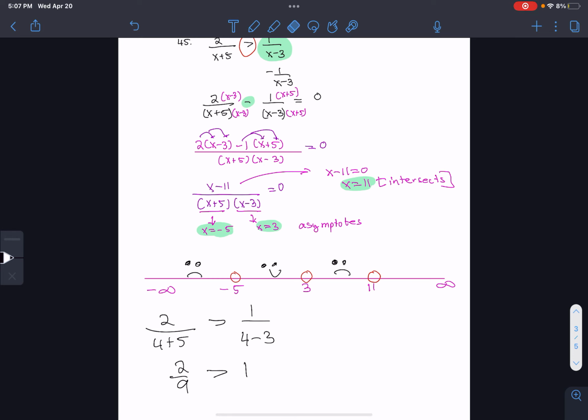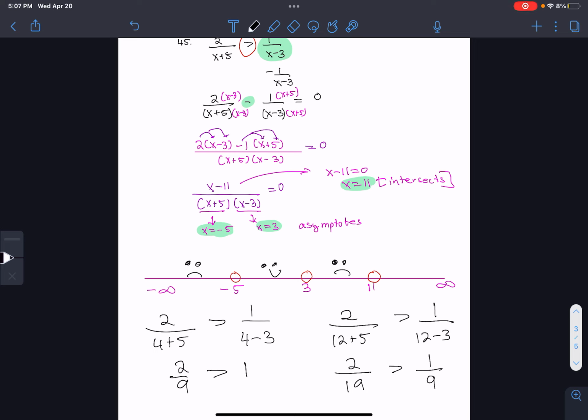And then you're going to pick 12. So 2 over 12 plus 5. Is that greater than 1 over 12 minus 3? So we got 2 over 19. Is that greater than 1 over 9? So in order to test this, some of you might think this is pretty close, right? So if you need to use a calculator, you could.